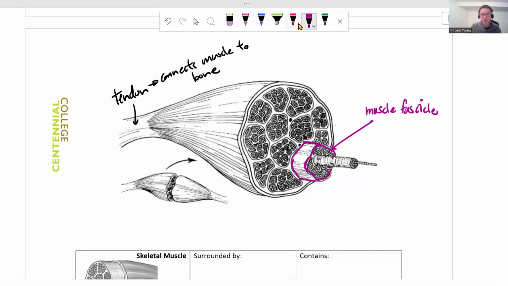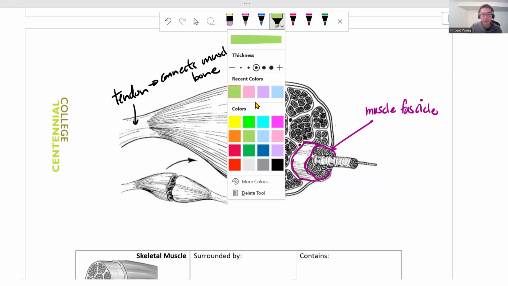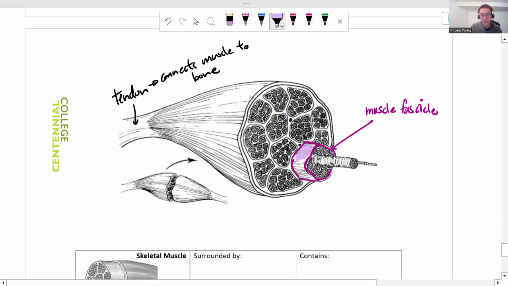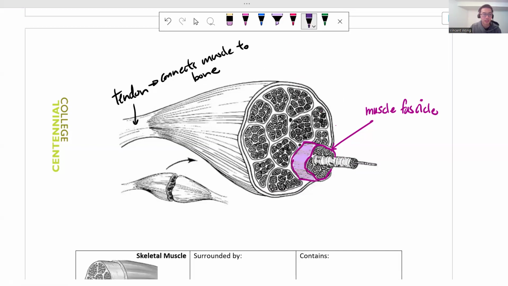Okay, but you're right. This is surrounded by the perimysium. Again, I'm sorry if I'm not using the same color as the picture, but that's what it is. So that's the perimysium.